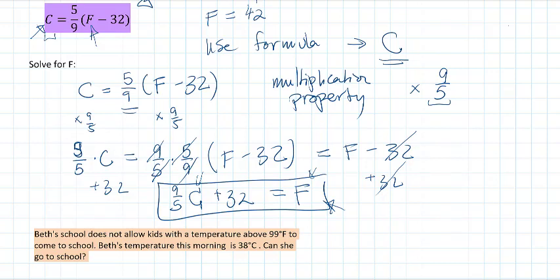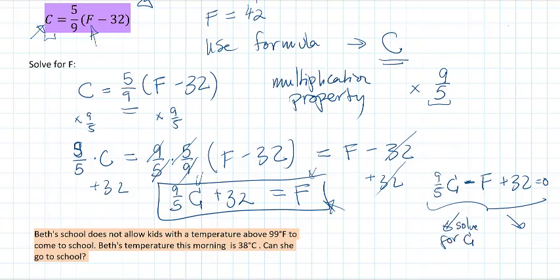Sometimes our equations show neither one directly, so we could have had this as 9/5 C minus F plus 32 equals 0, in which case we would have to solve for C and solve for F to get the two different formulas. So it depends on the format that we get for the formula.